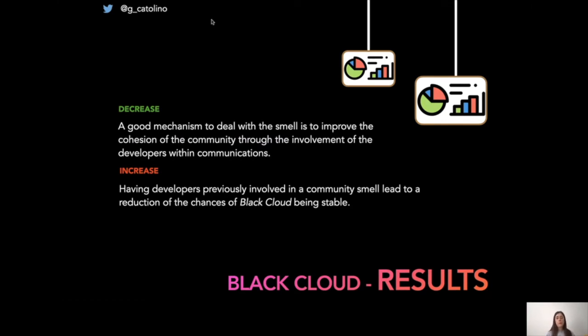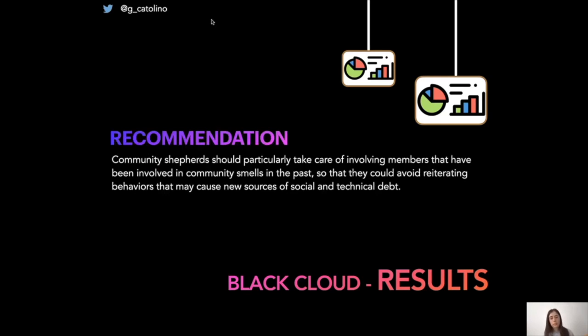As for the black cloud, we found that metrics related to the cohesion of the community can help to decrease the variability, since maybe you can involve more developers within the communication. But on the other side, the presence of developers previously involved in the community smell leads to a reduction of the chance of black cloud being stable.